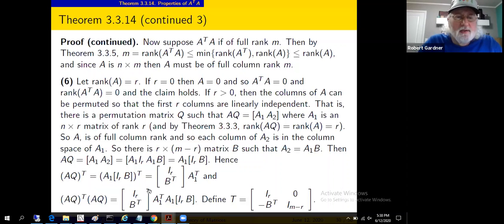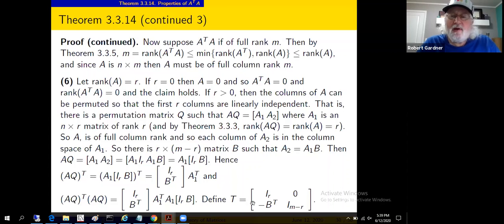Let's take a product. Let's take AQ transpose times AQ. You like that? I'm desperately looking for A transpose times A in some of this stuff. So that's a little bit closer. Okay, let's see, AQ transpose. We just saw this can be written here like that. AQ was written as this product involving the partition matrices.